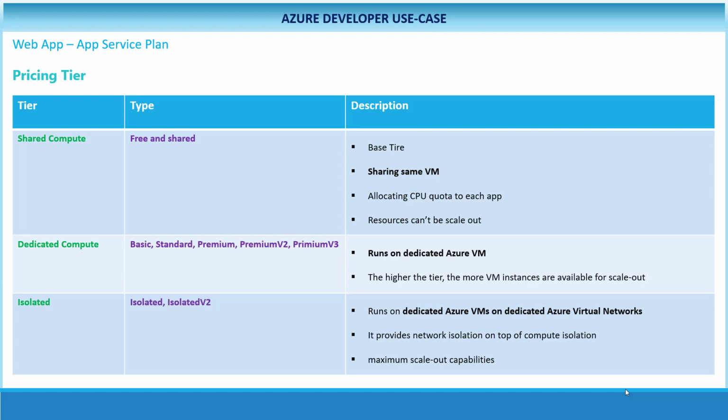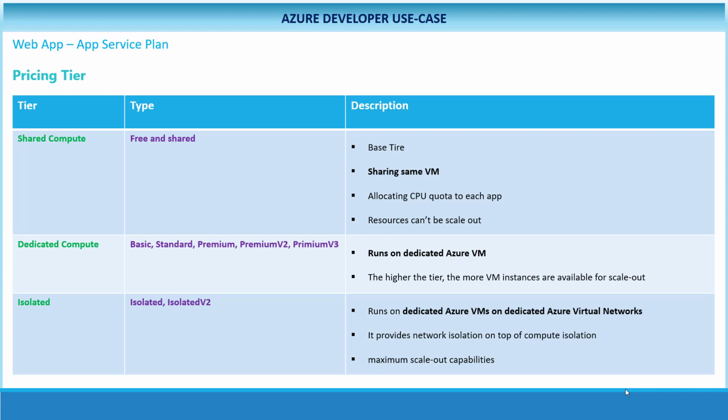Dedicated means it runs on a dedicated virtual machine. There are a few types available in dedicated: basic, standard, premium, premium V2, and premium V3. Isolated means having a dedicated virtual machine and dedicated virtual network.